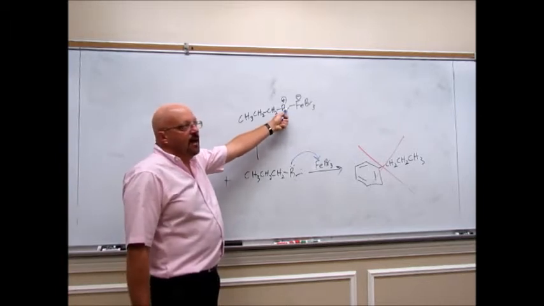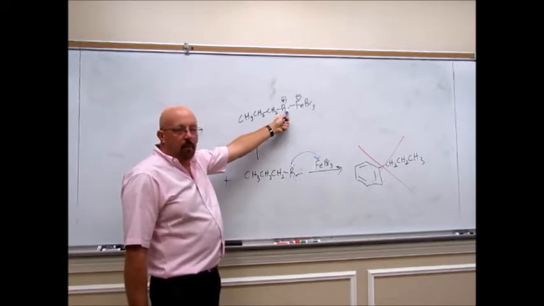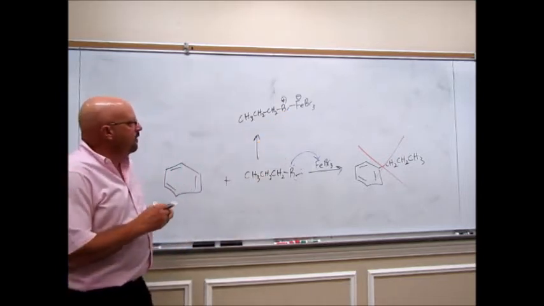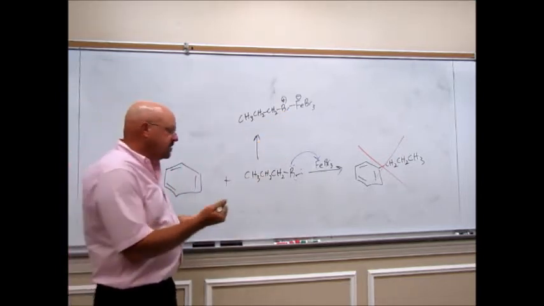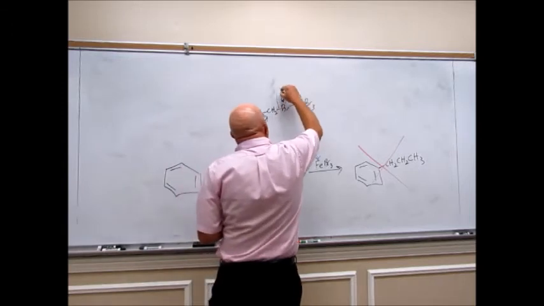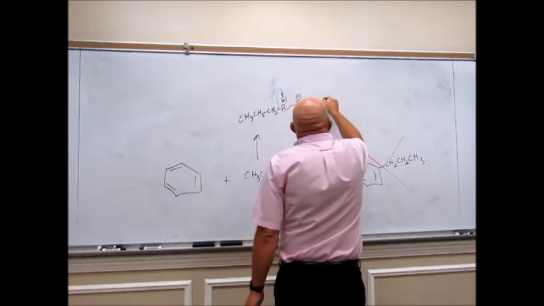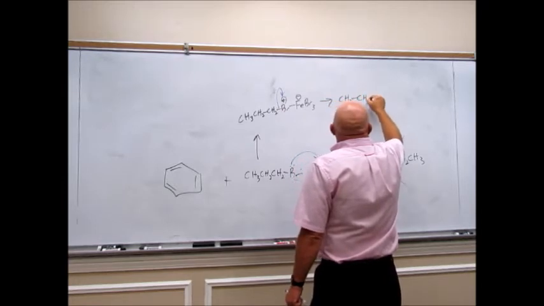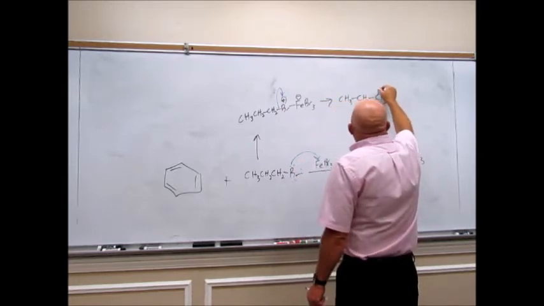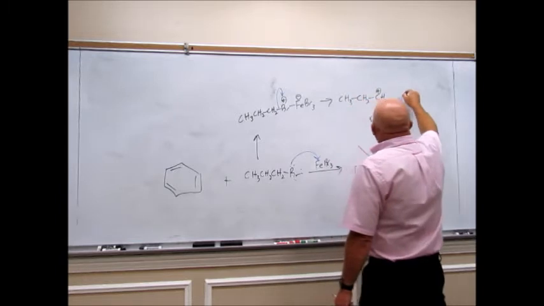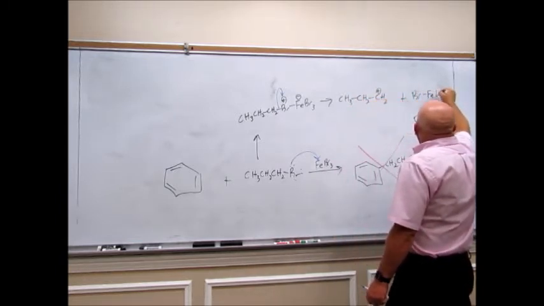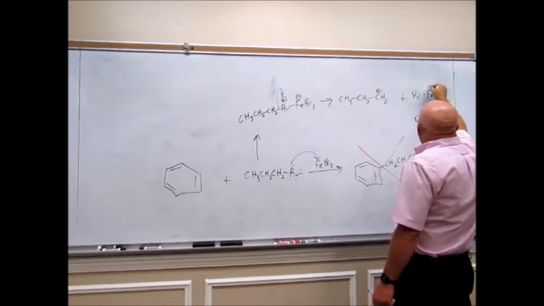Being an electronegative atom, it wants a negative charge. It doesn't want a plus charge. It's divalent. It doesn't want to be divalent. It wants to be monovalent. It wants one bond. So that's going to break apart, give us the carbocation, and be left with this anion.